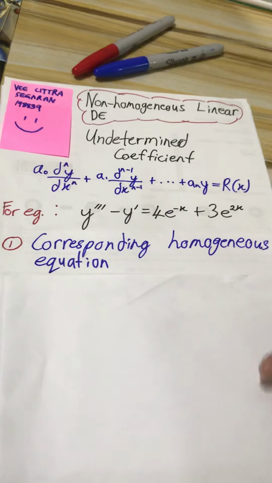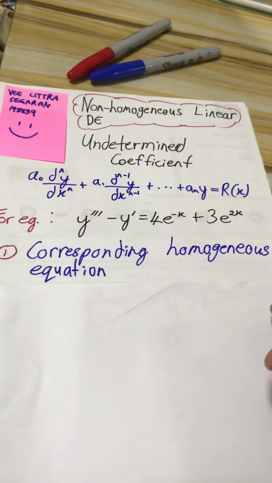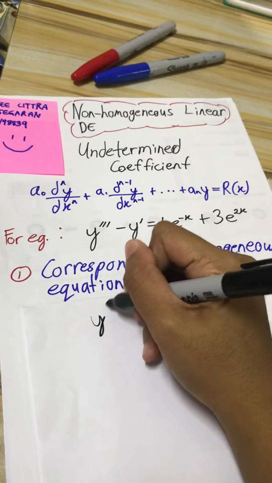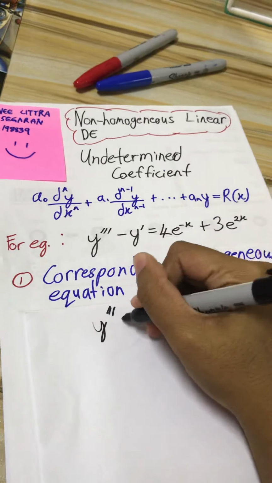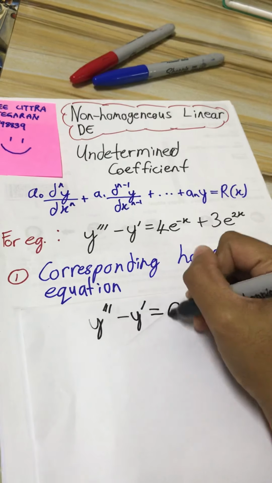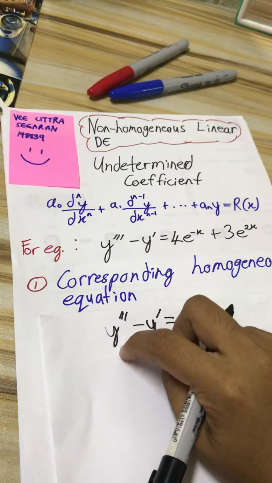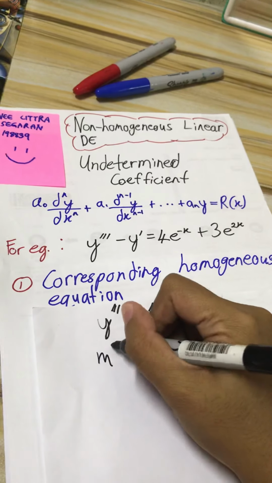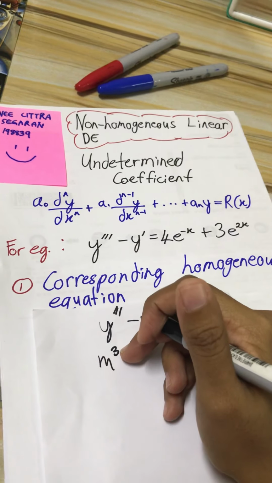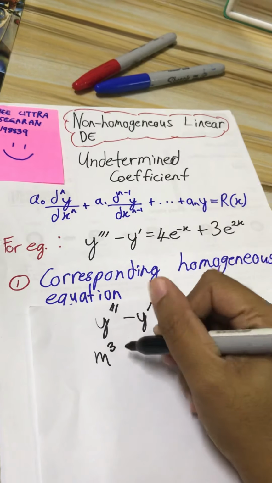So the first thing we need to do is find the corresponding homogeneous equation. What I mean by corresponding homogeneous equation is we set the left side of the equation given equal to 0, and then we let y equal to m power of 3. The power here depends on the order of the derivative.